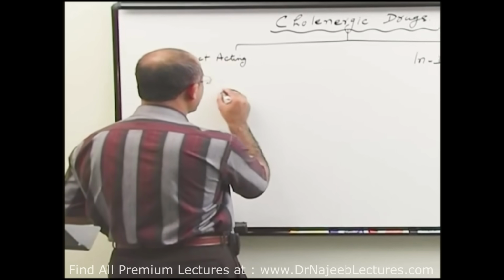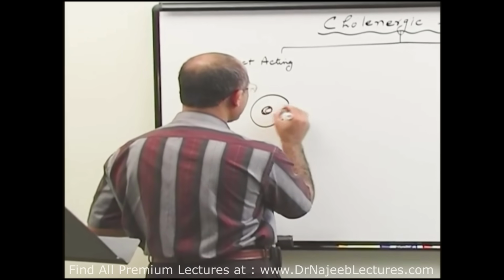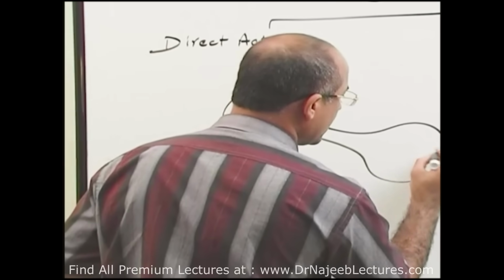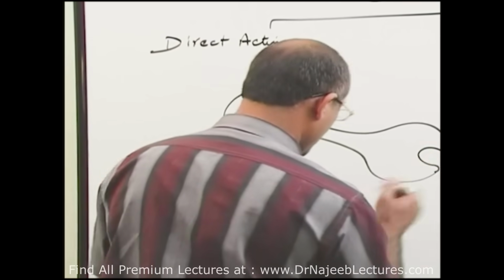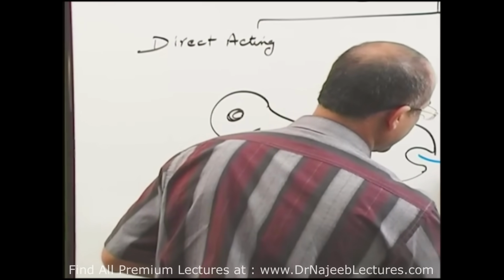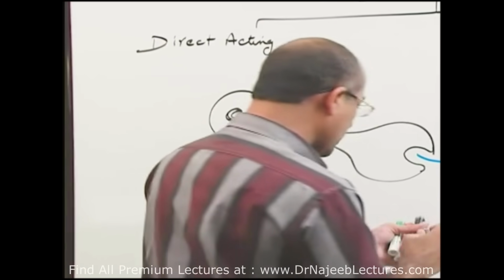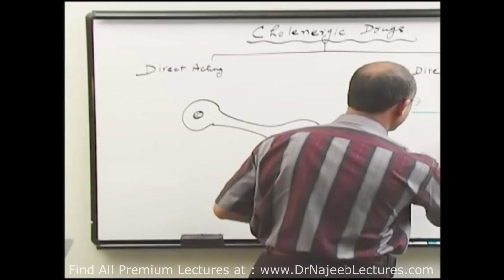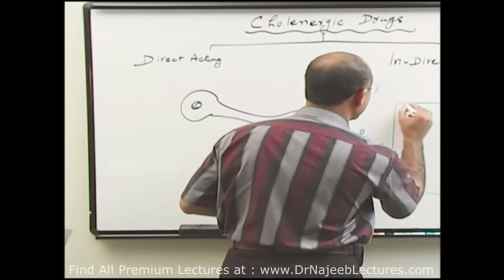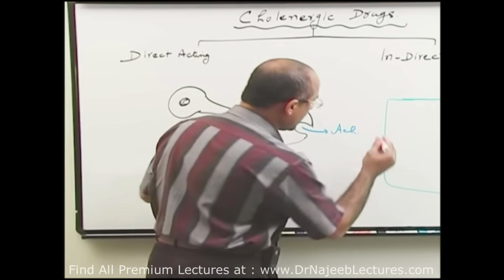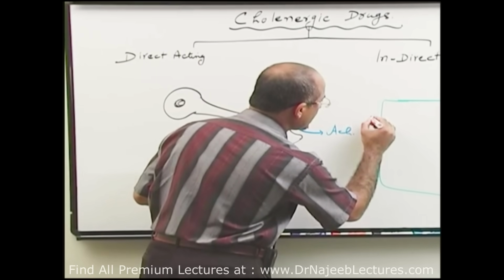Let's suppose this is a cholinergic neuron, right? And this neuron is releasing from here acetylcholine. And acetylcholine is going to work on this specific tissue, and let's suppose here is a cholinergic receptor.